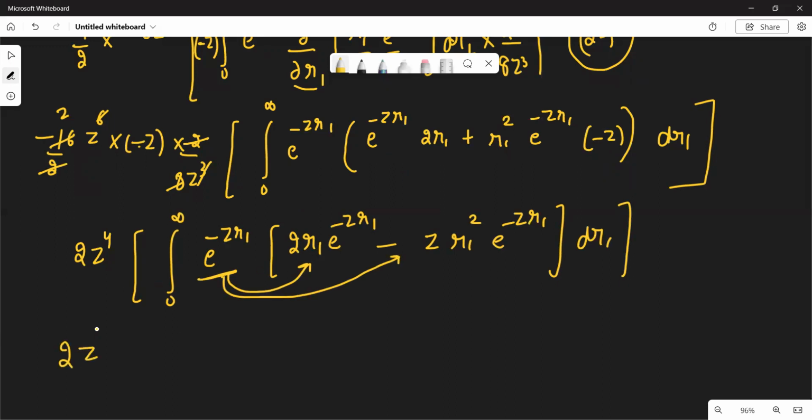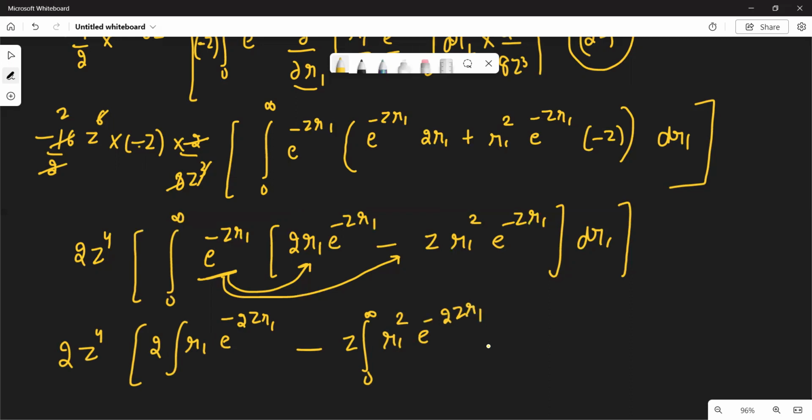And with this, we will get again two integrals. So 2 is constant, I'm writing outside. Here I have r1 e raised to power minus 2z r1. Then minus 0 to infinity z r1 square e raised to power minus 2z r1 dr1.